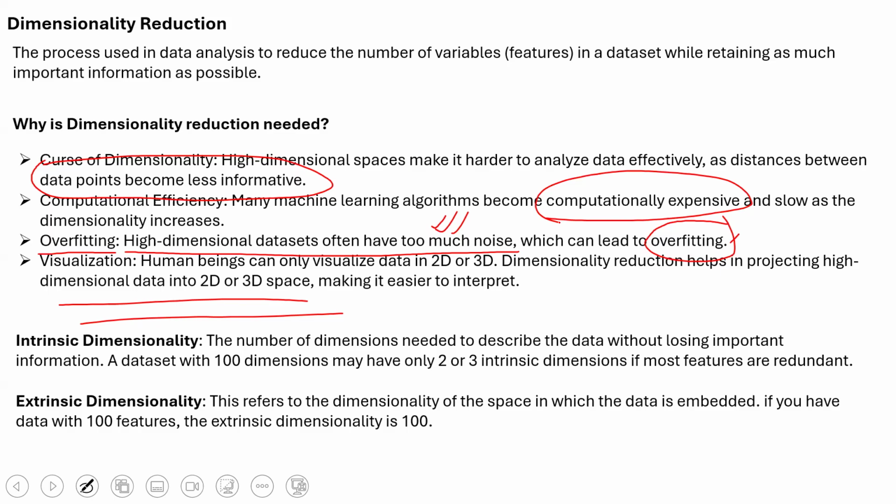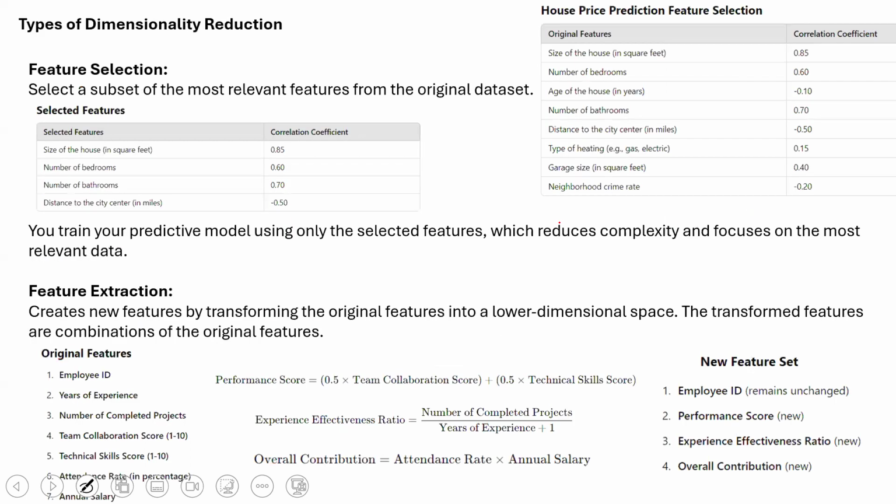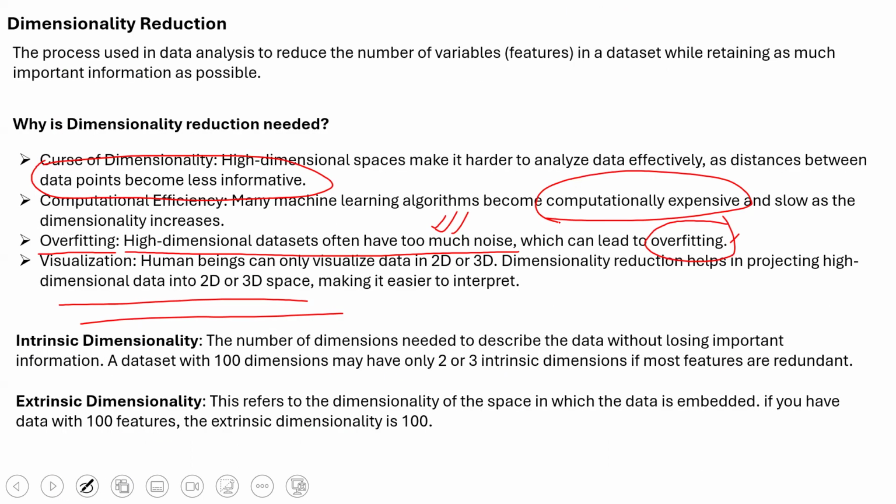And now you have to understand what is intrinsic dimensionality and what is extrinsic dimensionality. Okay, intrinsic dimensionality means the number of dimensions needed to describe the data without losing important information. So out of 100 dimensions, only 2 to 3 dimensions will have the important information that is needed for the model to derive the label.